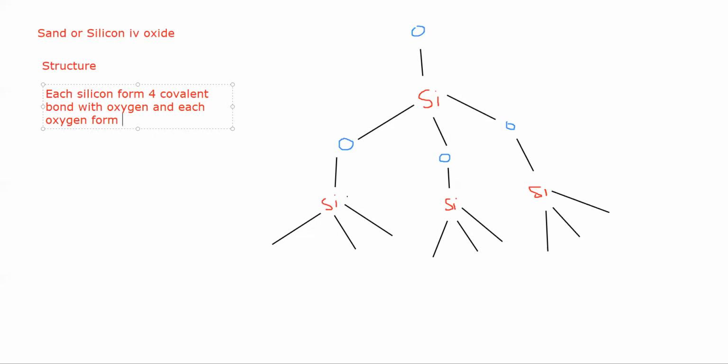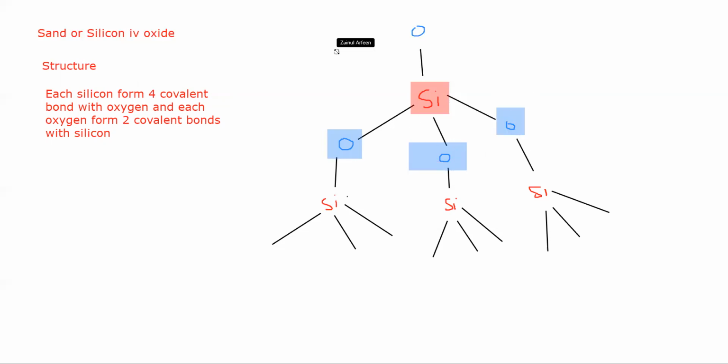form 2 covalent bonds with silicon. You can see here, if I say silicon, how many bonds it forms? The number of the bonds which are formed by the silicon, 4. And number of the bonds formed by each oxygen is equal to 2.